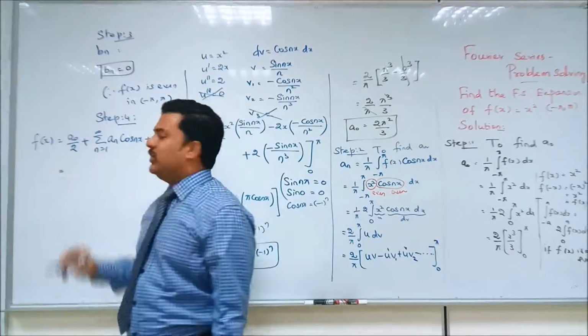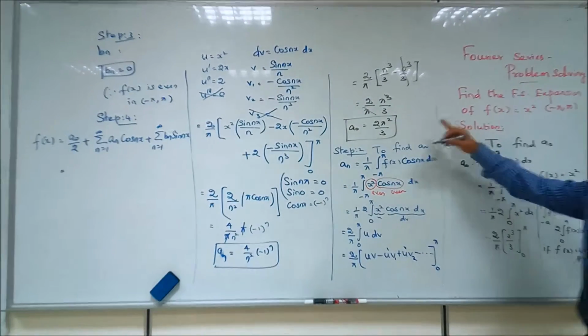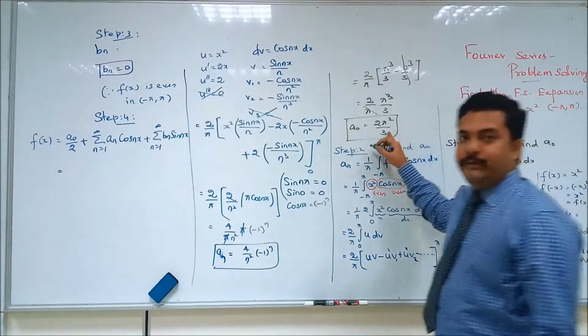So which is equal, what is the value of a naught? The value of a naught over here is 2 pi square by 3.